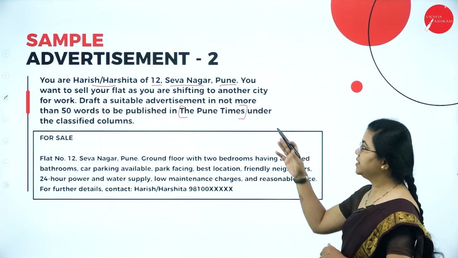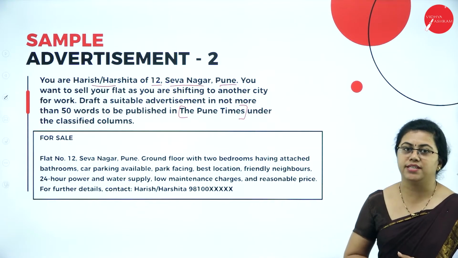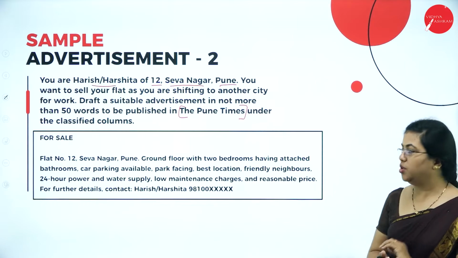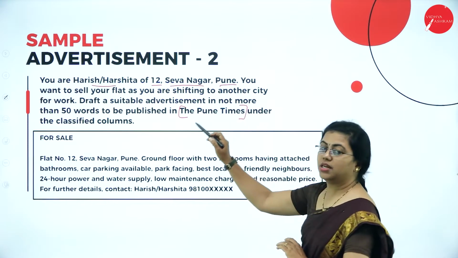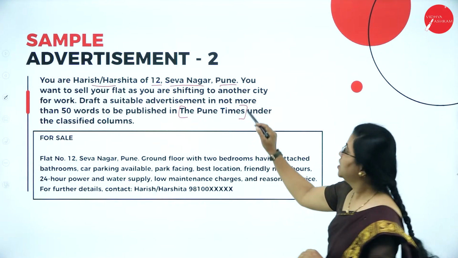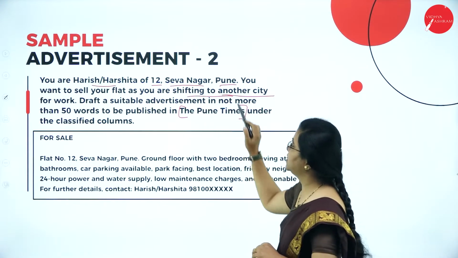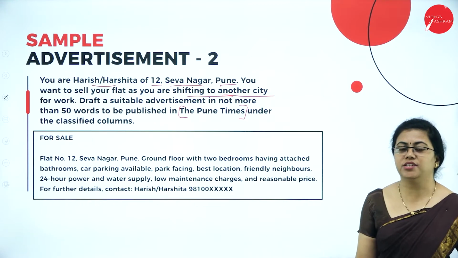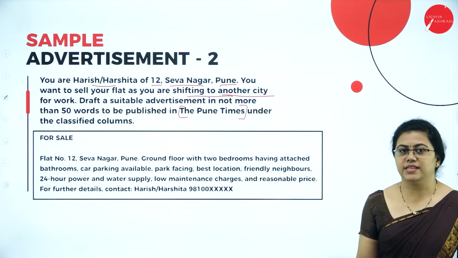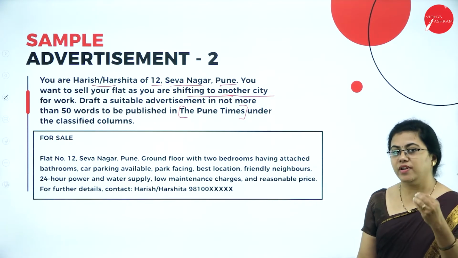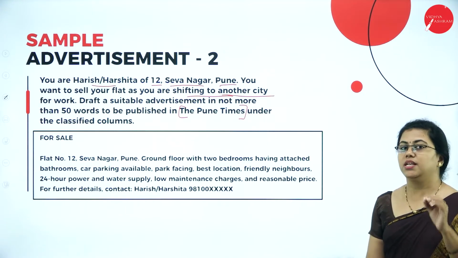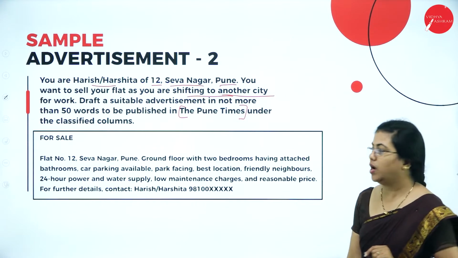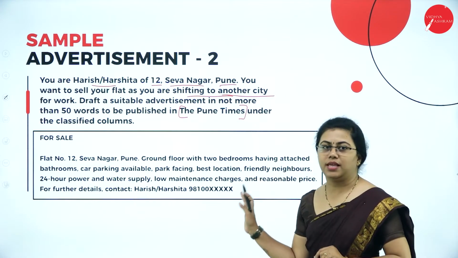You are selling your flat because you are shifting to a new city, and you need not specify the reason of selling also. Whatever may be the reason, the person who is looking will only need to see what I am selling. He doesn't want to know why I am selling. So I need to specify only that here.